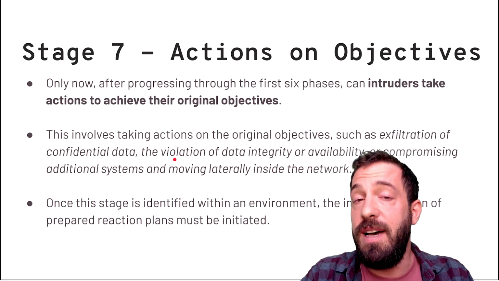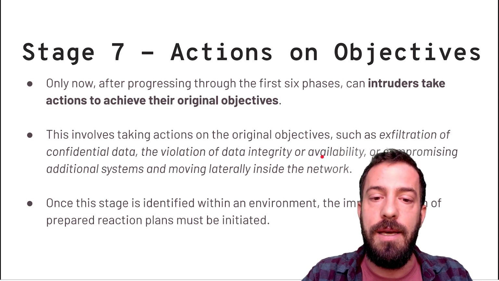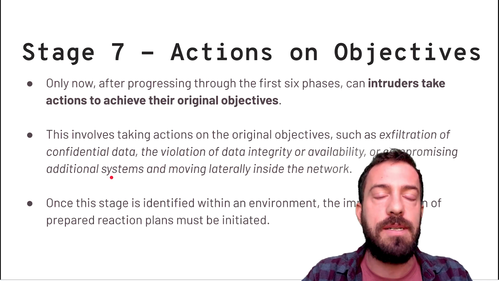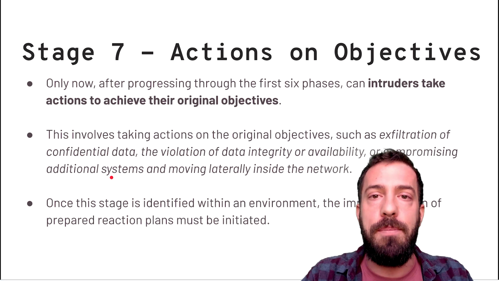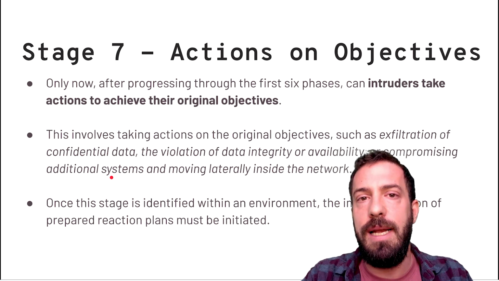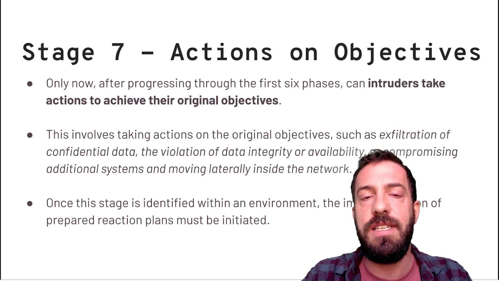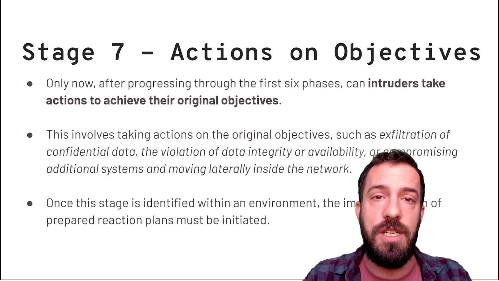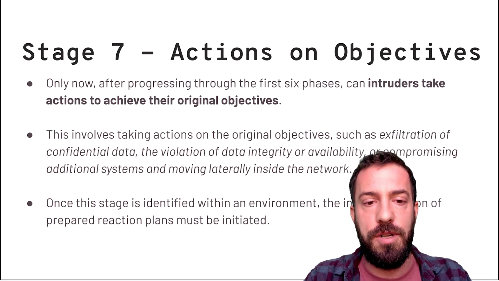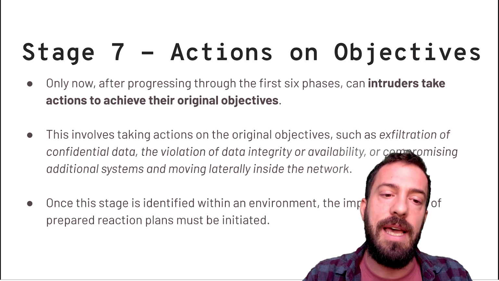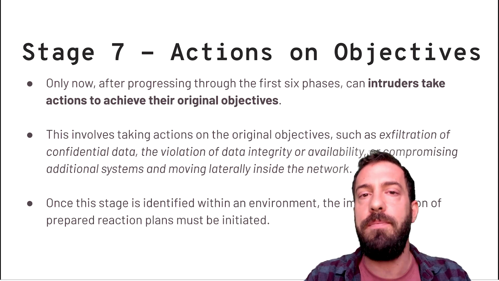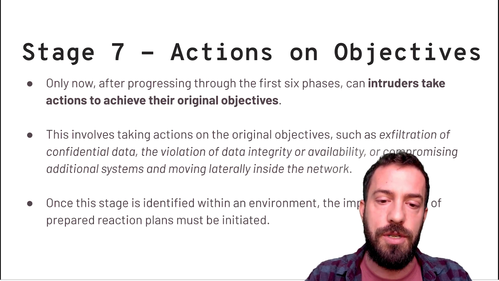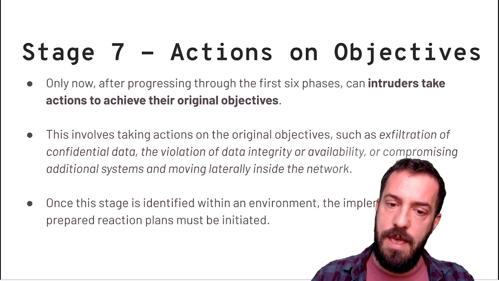It could be violation of data integrity and availability, or compromising additional systems. In the Ukraine power grid attack, the electricity was turned off in specific sections of the country. In Stuxnet, equipment, centrifuges were damaged through this process. So the last stage, as we expected, would be doing the actions on the objectives themselves.